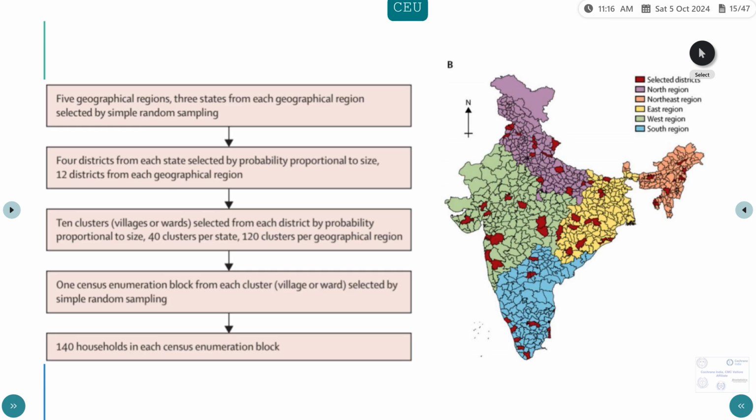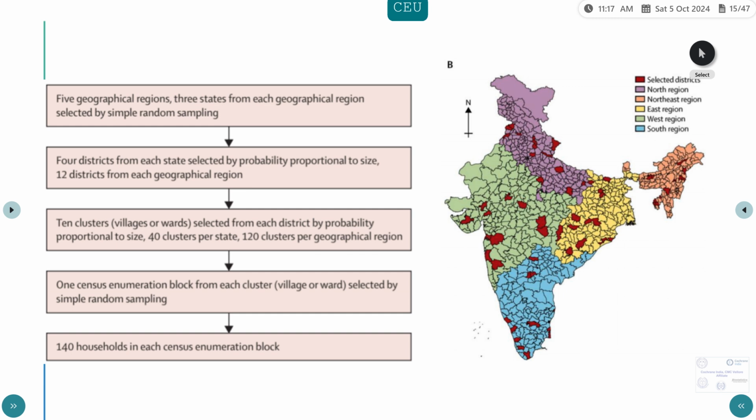What they have done is divide India into 5 geographical regions: North, West, East, South and Northeast. Among these 5 regions, they have done simple random sampling to pick 3 states in each region. So across India, they have picked 15 states, 3 from each region.